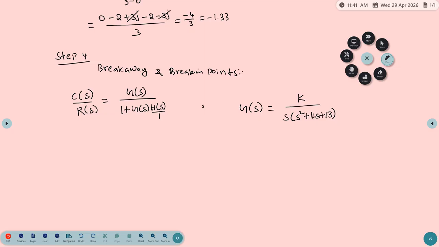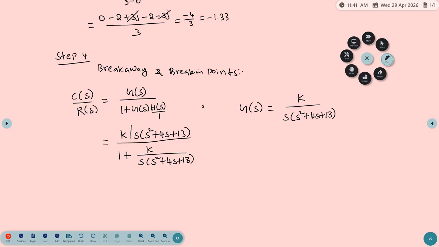So if I am substituting that G of S here, we are having K divided by S into S square plus 4S plus 13 in the numerator, divided by 1 plus again K divided by S into S square plus 4S plus 13. How can we simplify? In the numerator we have K divided by 1 term.